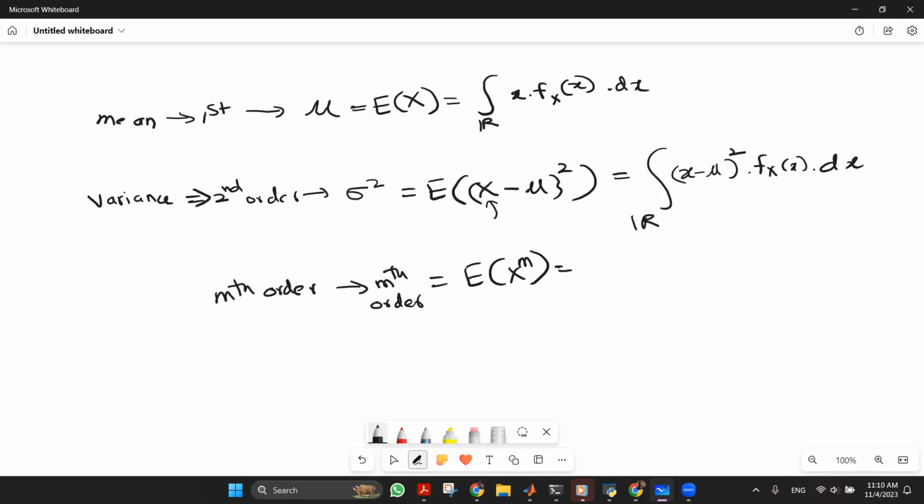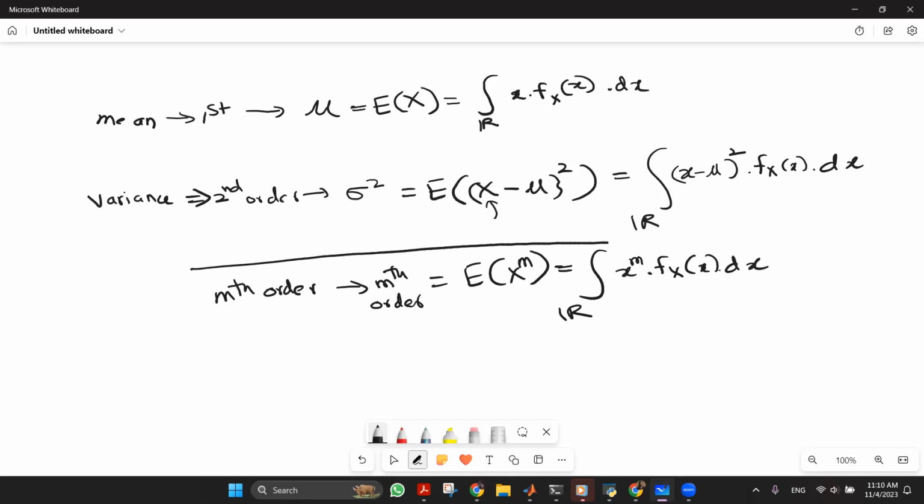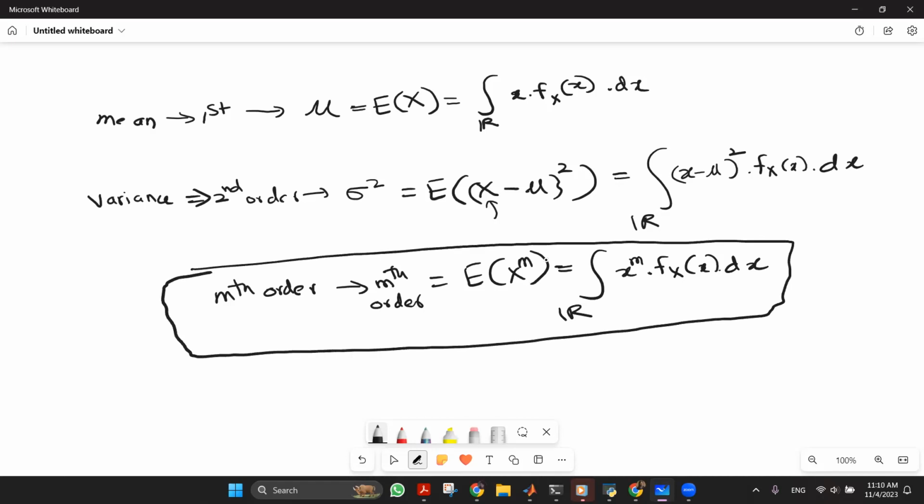I can define that as the integration of x^m into the PDF into the dx. So this is the mth order statistic. If you want to find any order statistic, you might need to use this expectation. E of X, or E of X squared, E of X cubed, you can find using this equation.